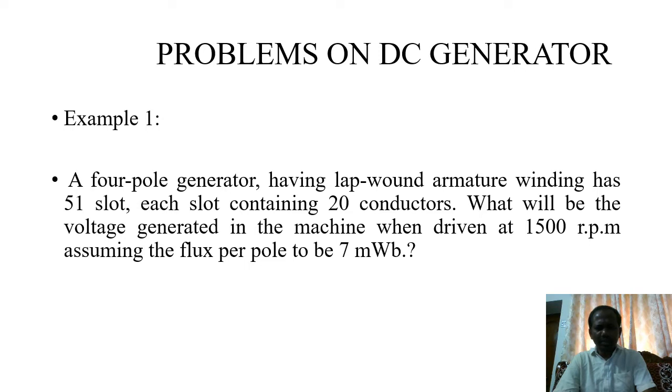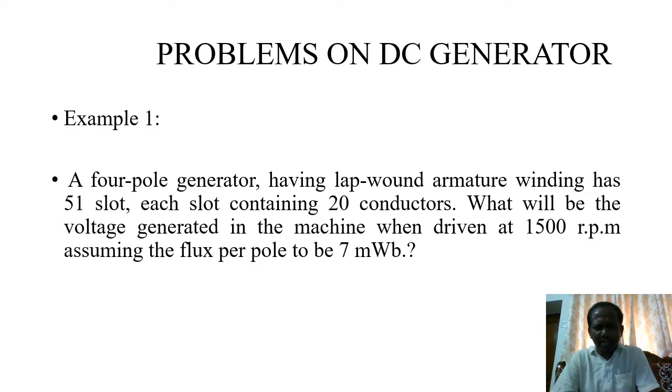I am going to discuss one by one. Example 1. A 4-pole generator having a lap wound armature winding has 51 slots, each slot containing 20 conductors.